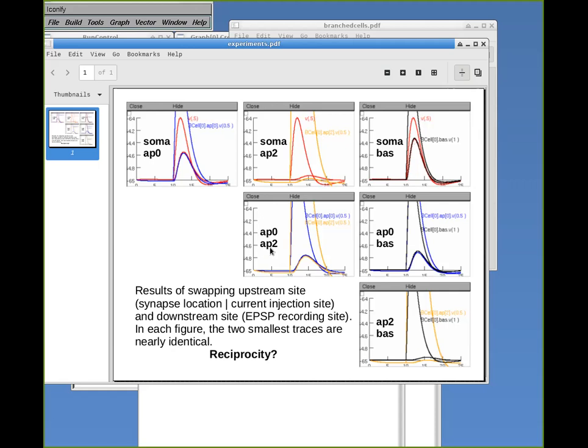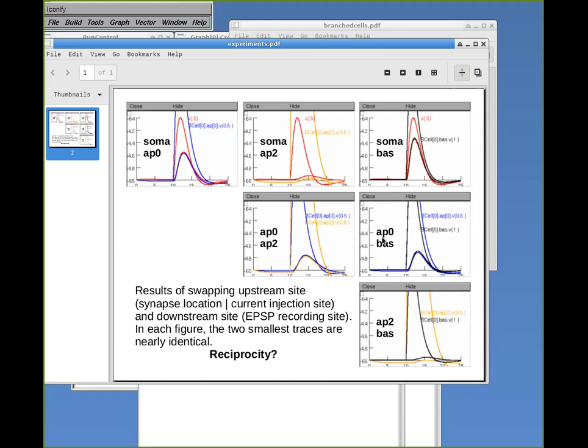And likewise, if we take the other pairs that are possible, how reciprocal are signal interactions between apical 0 and apical 2? Pretty darn reciprocal. These are the smaller responses, the downstream responses. And the downstream response is the same regardless of which of these two locations is upstream. Very, very close, very similar.